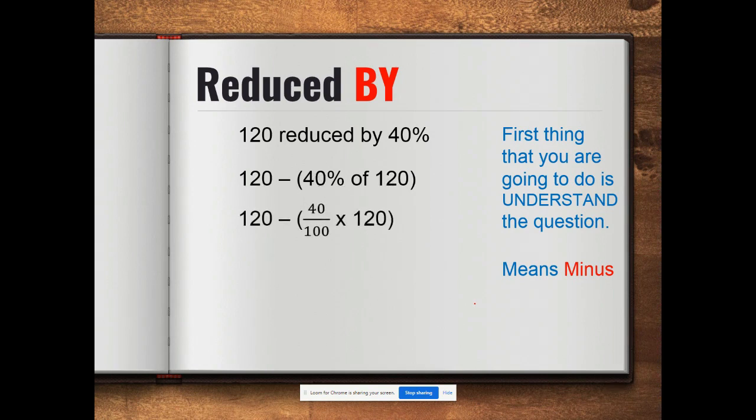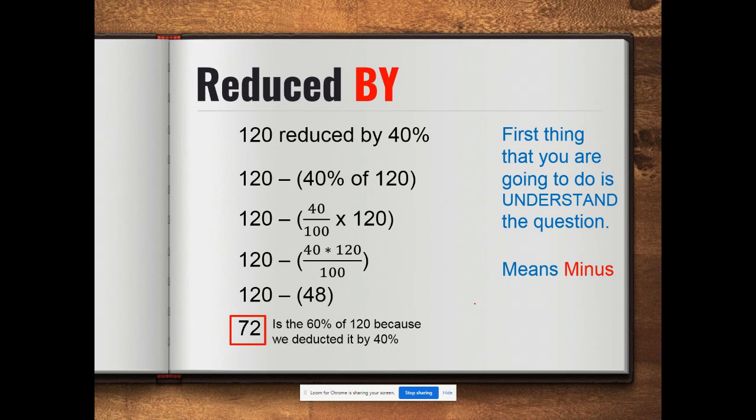So 40% will be changed into a fraction and multiplied, because of the word "of", to 120. So 120 minus 40 times 120 all over 100. And therefore, it will become 48. So 120 minus 48, the answer is 72. So 72 is 60% of 120 because we deducted it by 40%.